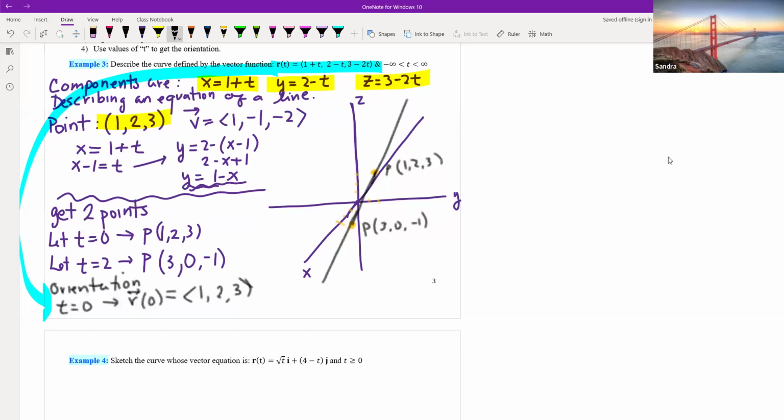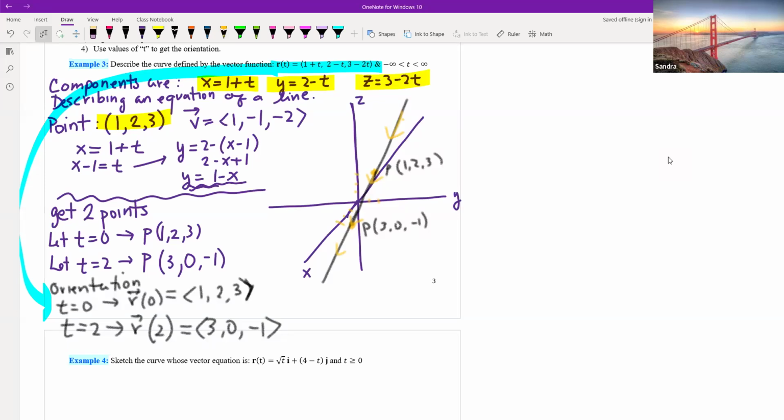So I have a vector. And then if t equals 2, and I put it into the vector function, then I should get 3, 0, -1. And so now I can clearly see that it will be going in this direction, and that will be the direction that it's going to take for this line.